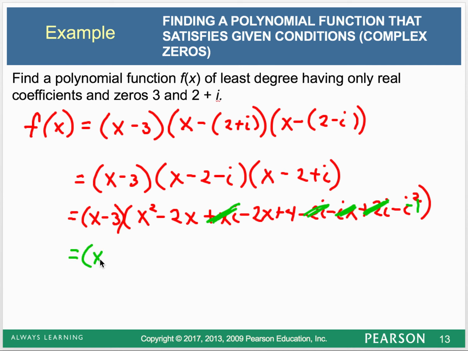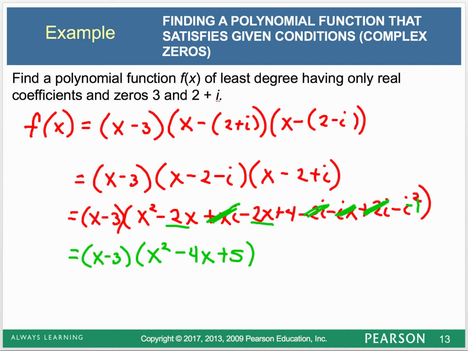So then this term would be x squared minus 4x, and then here's a positive 4, and here's a negative 1, so 4 plus 1, 5, and then continue.